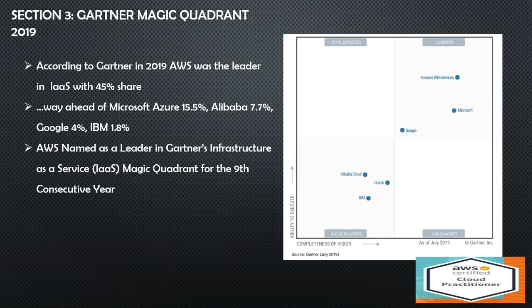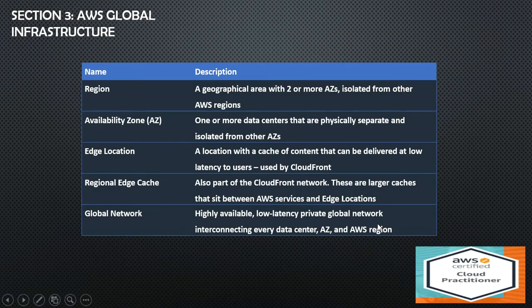They're also launching new services every day. AWS is way ahead of Microsoft Azure, Alibaba, Google, and IBM, no doubt. AWS was named a leader in the Gartner Infrastructure as a Service Magic Quadrant for the 9th consecutive year in 2019 and 2020. So it's been 10 years consecutively.